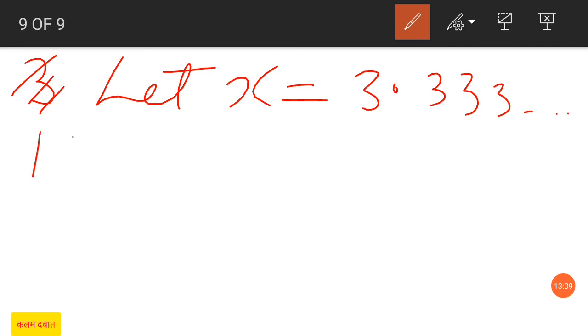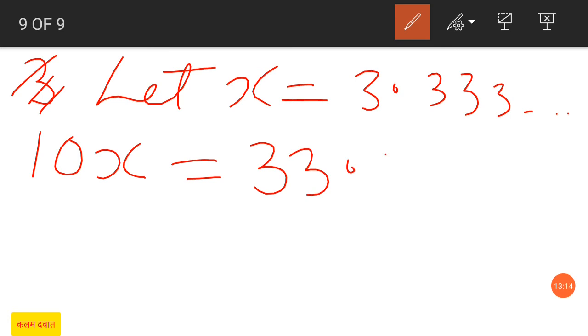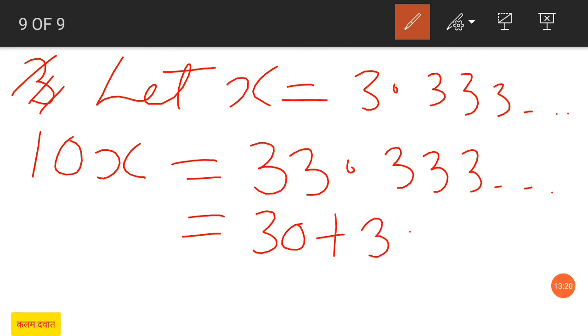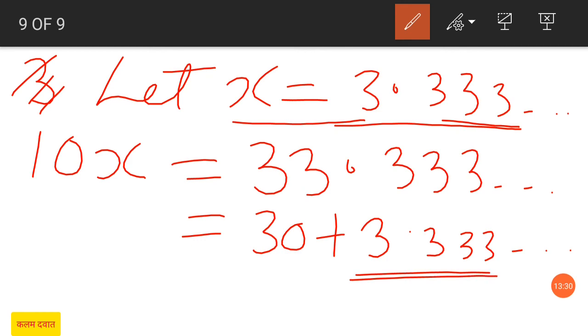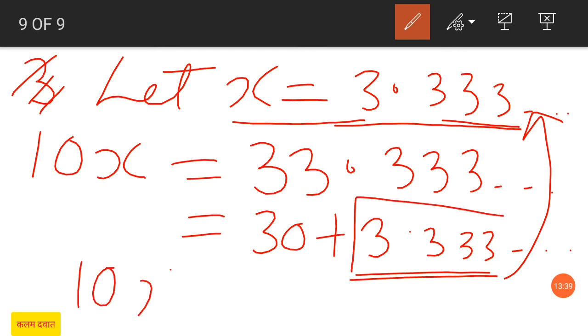Now multiply both sides by 10, we get 10x equals 33.333 and so on. This can be written as 30 plus 3.333 and so on. Now see, where we started, x equals this much, so this term can be replaced by x. So I am writing 10x equals 30 plus x.